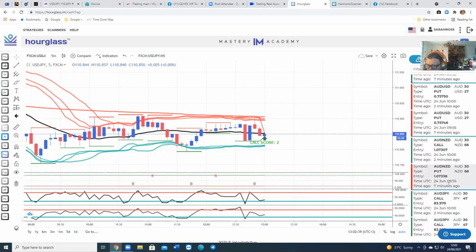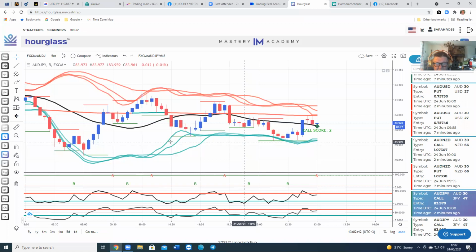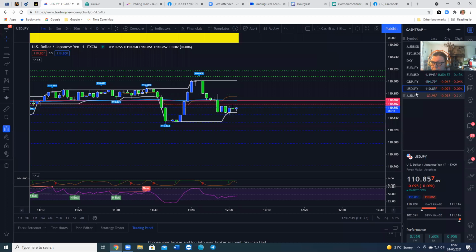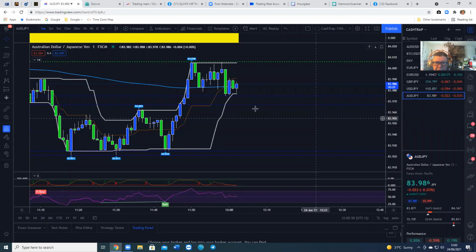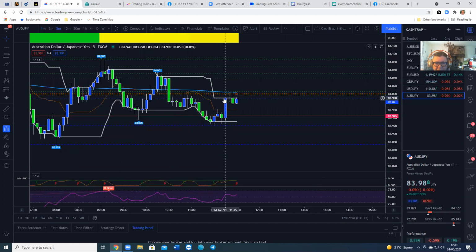So just have a quick look at what Australian dollar's doing, because this is the other one I was following on this session. And I like to look at it on Trading View. On the 5-minute, massive bear, bullish engulfing candle off the 200 moving average with 2 wicks off. So I'd be looking for it back up anywhere near that whole number, 84000 for a put.